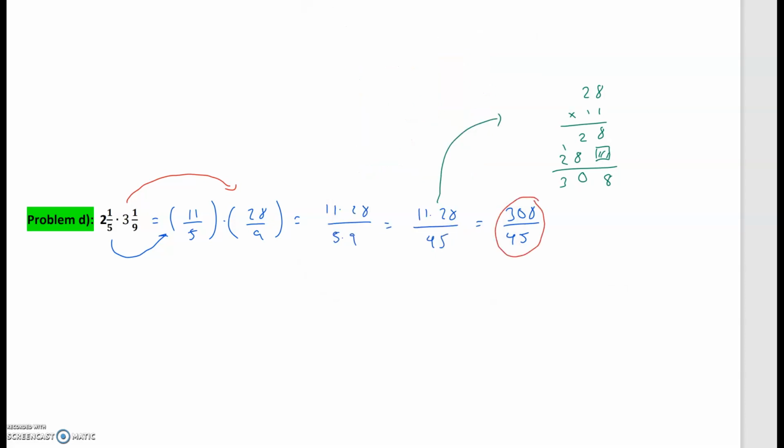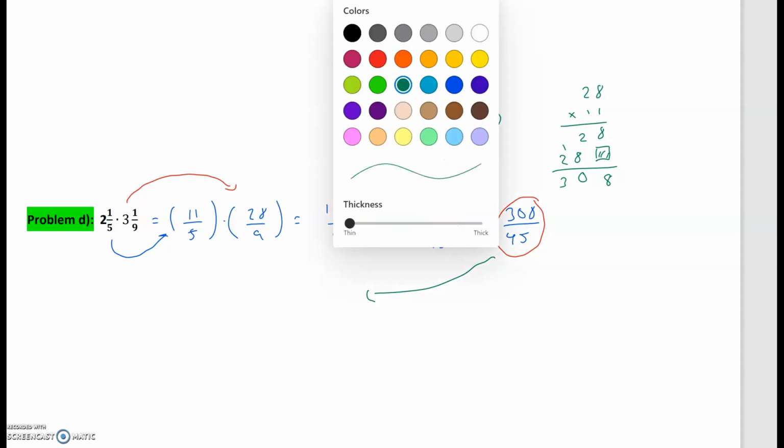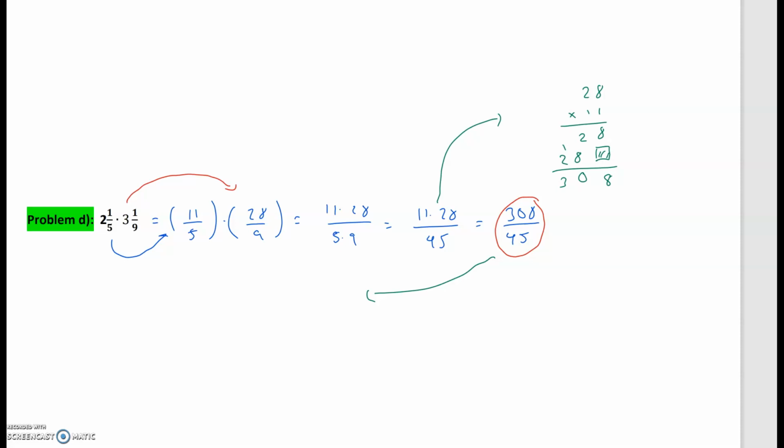And then let me do the division on the side, just so that we take a look at what value that's going to give us. So we're dividing 308 by 45.